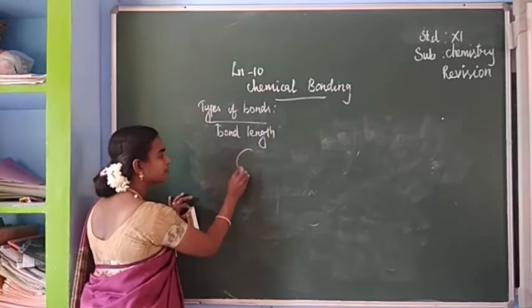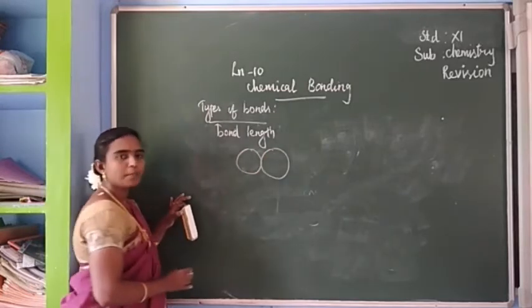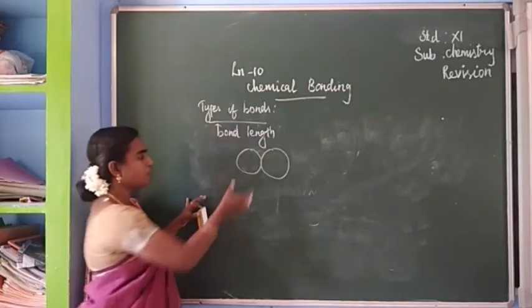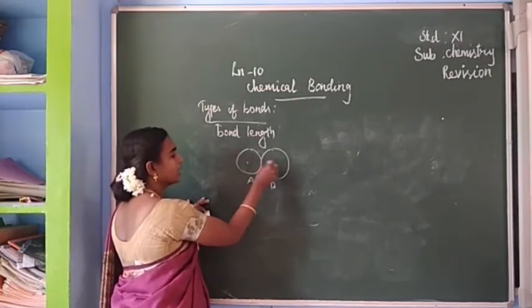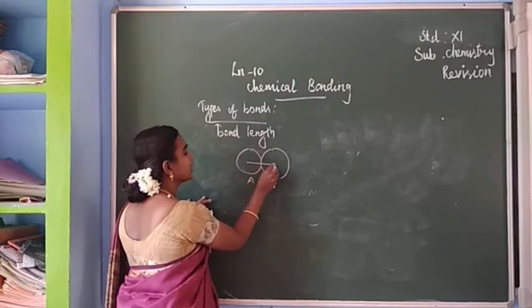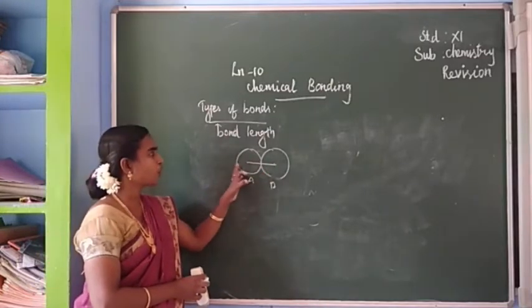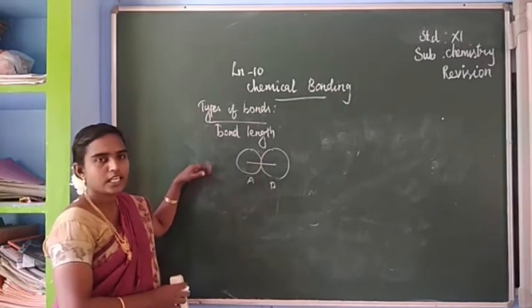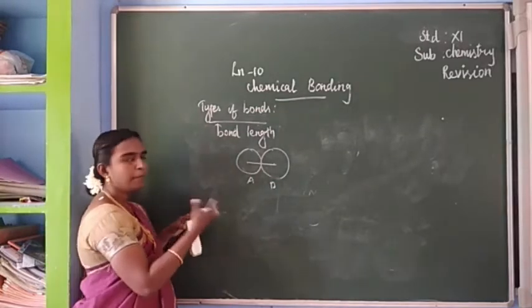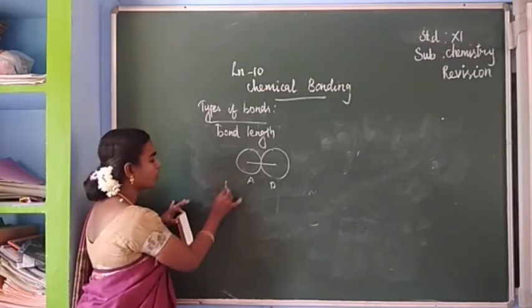Consider a bond between 2 atoms, A and B. The distance between the nuclei of 2 covalently bonded atoms is called the bond length. Next, bond order. The number of bonds between 2 bonded atoms is called the bond order.